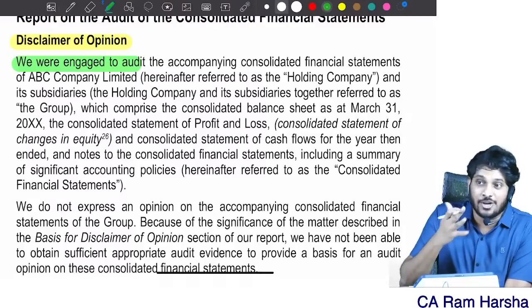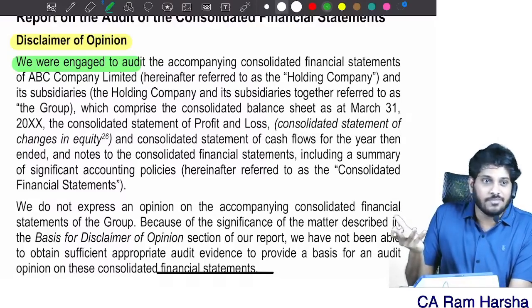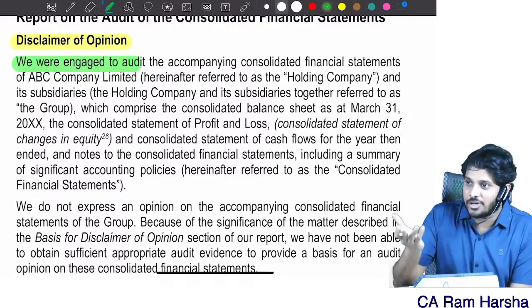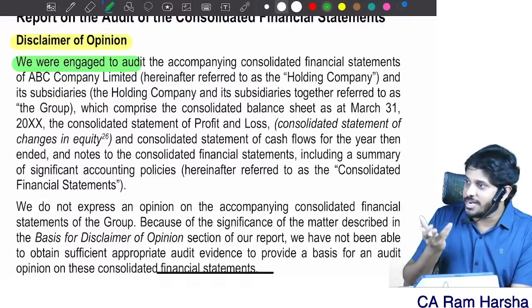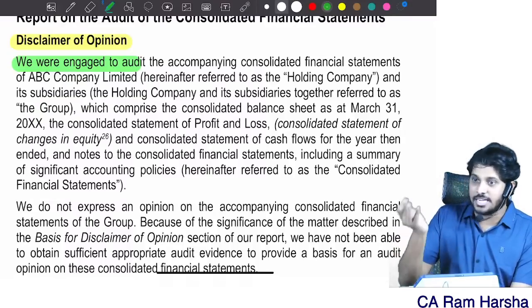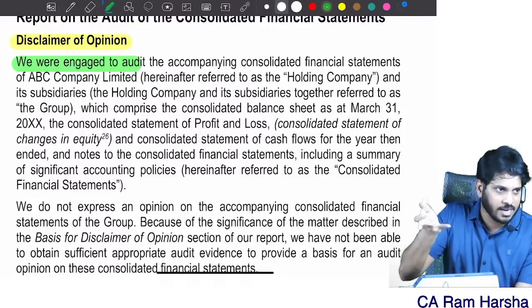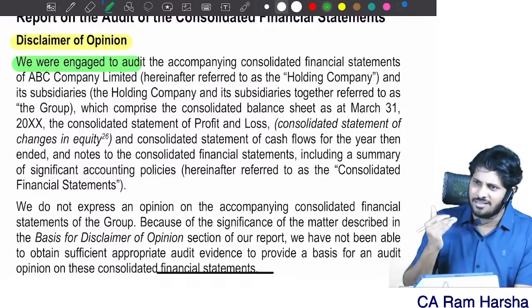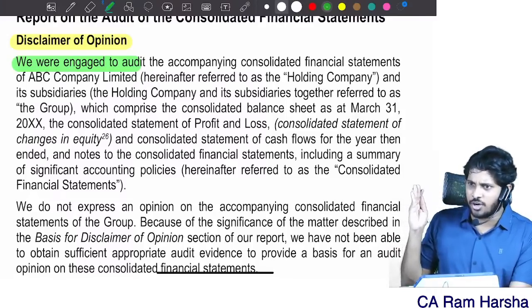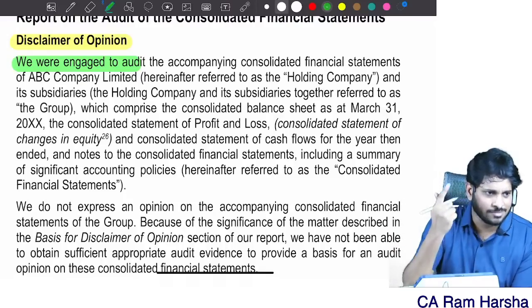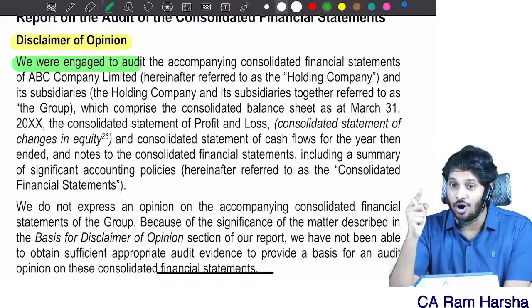Why? Because we didn't audit here. The predominant item we didn't audit. Why didn't we audit? Because we didn't get evidence. When I did not get evidence for a predominant item, that is the reason I want to give a disclaimer of opinion. How can I claim I have audited? When I have not audited a major portion, how can I claim that I have audited? So we were engaged to audit.